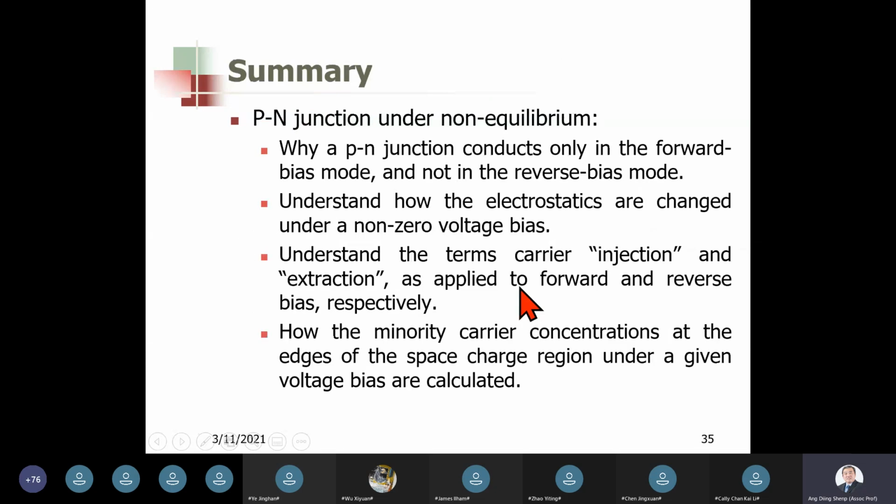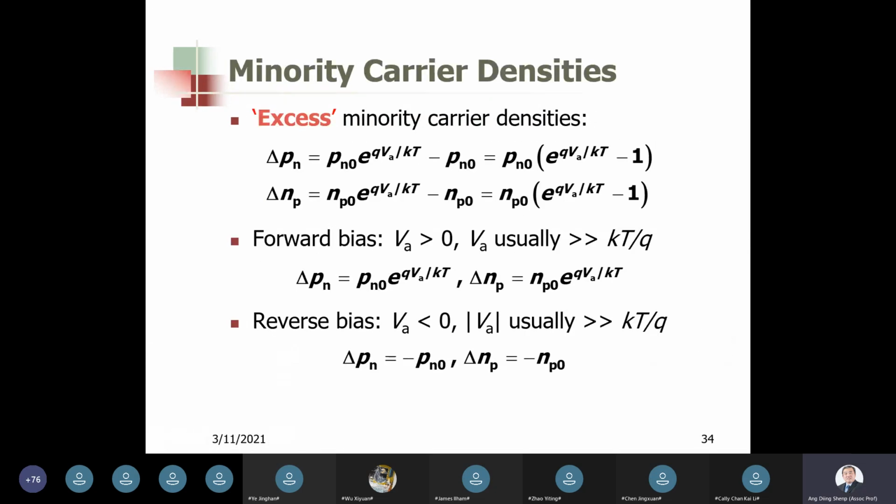Okay, all right. So at this point, I have successfully determined the boundary conditions at the edge of the space charge region under an external applied voltage. So the next thing we want to do is to solve the continuity equation to determine how the excess minority carrier concentration varies across the quasi-neutral P and N region.